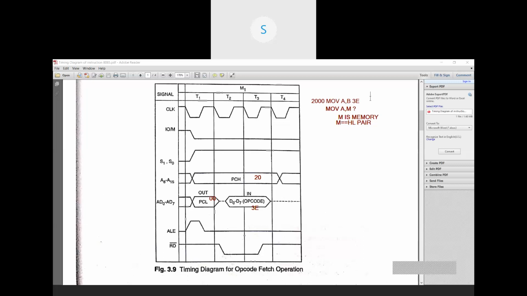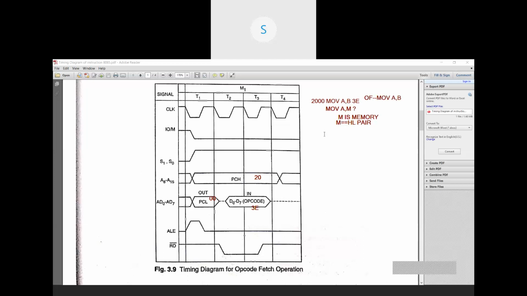So if I take the instruction MOV A comma B, it has only an opcode fetch operation.